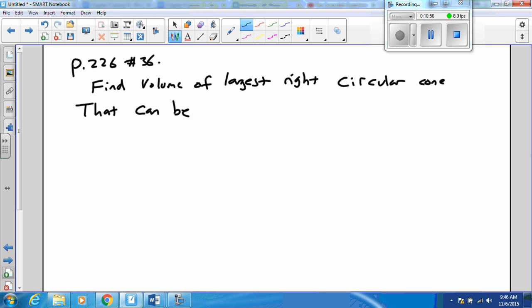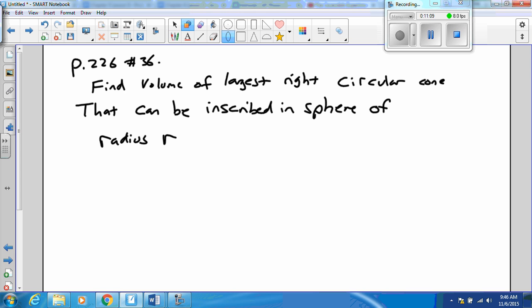I'm going to generalize and just make it inscribed in a sphere of radius r. And then they provide us with a picture.